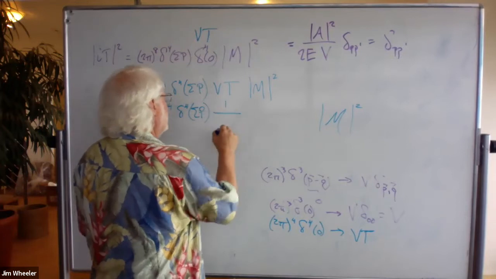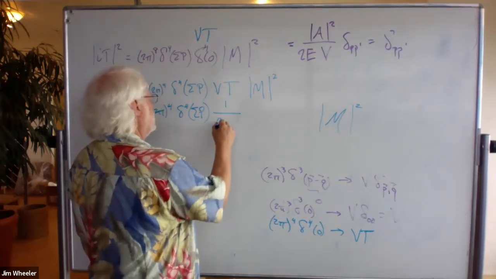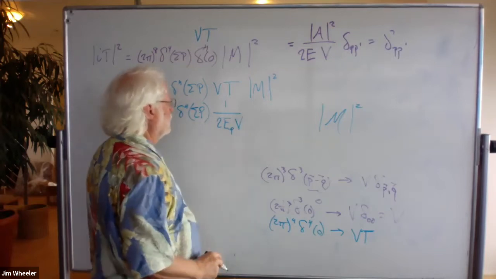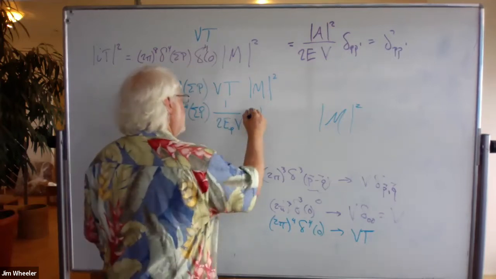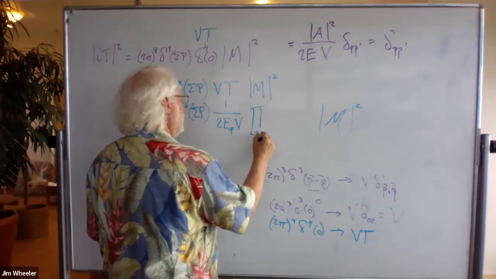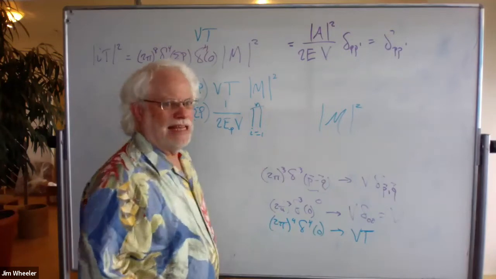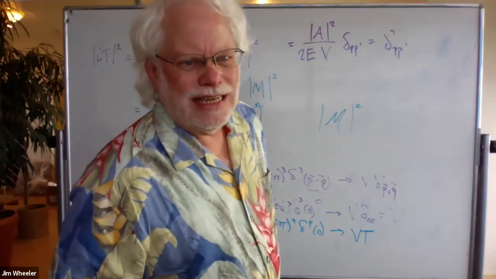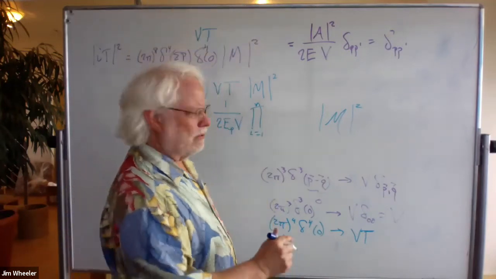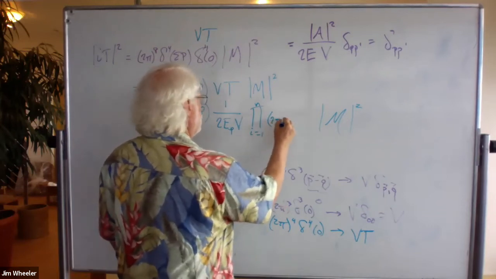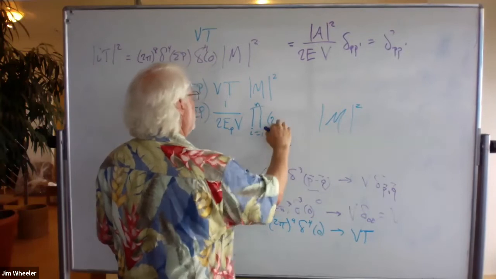Since there's only one incoming particle, I can just write 2E for the initial particle times the volume. And then we have a product of all of the outgoing particles. Say we have n outgoing particles. And for each of those, we have 2EV.